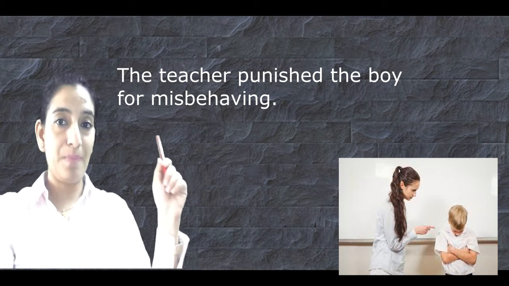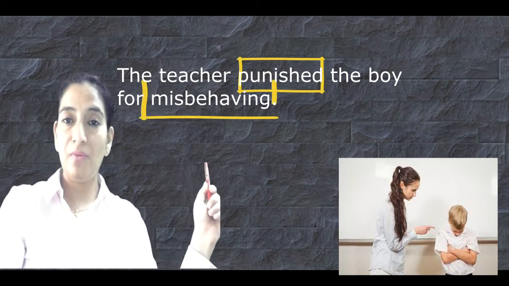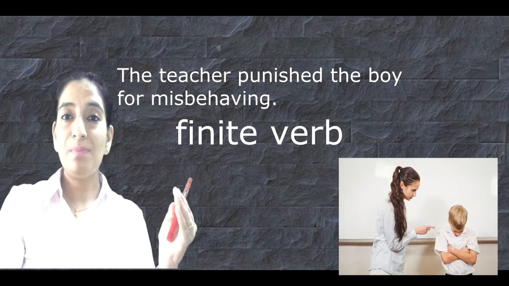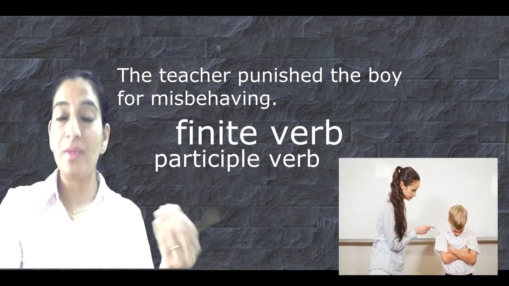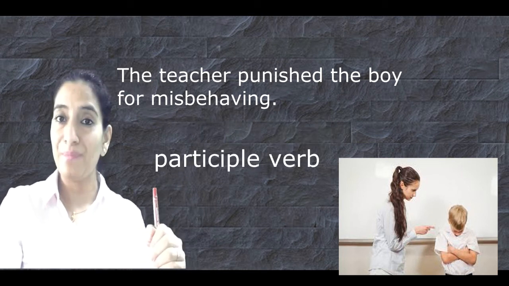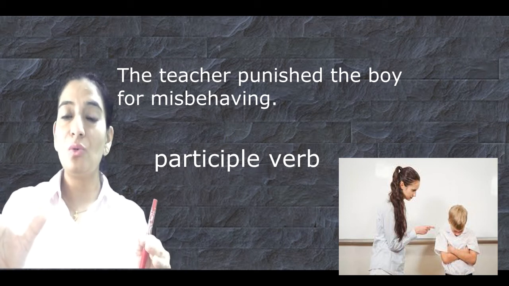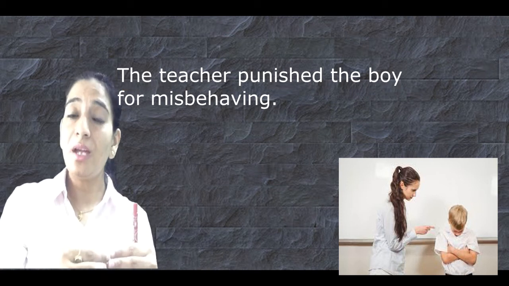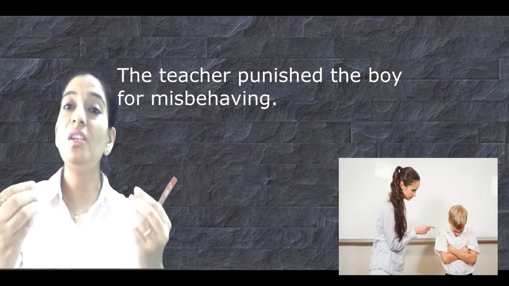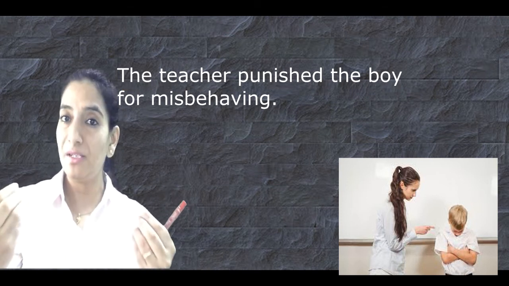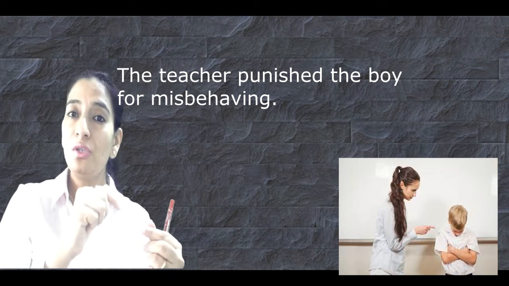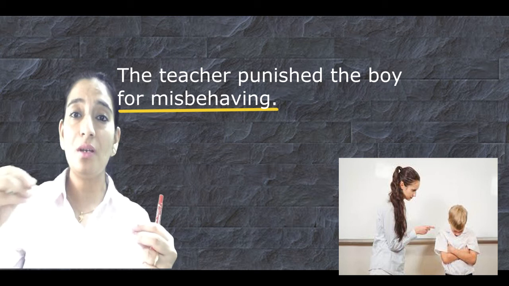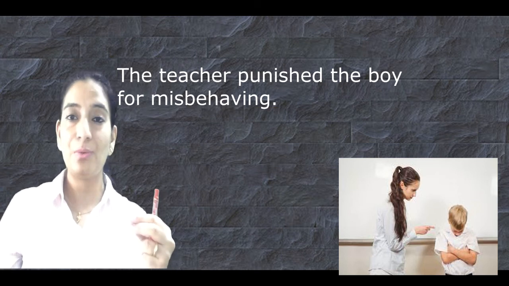Yes, it is punished and misbehaving. Punished is a finite verb, right? And misbehaving is a participle form, a part of a gerund phrase. Now we have an independent clause, the teacher punished the boy. As we know, to form a compound sentence, we need two or more independent clauses. What we are going to do here is stretch the phrase into an independent clause, right?